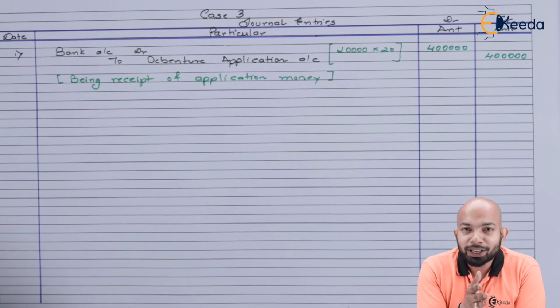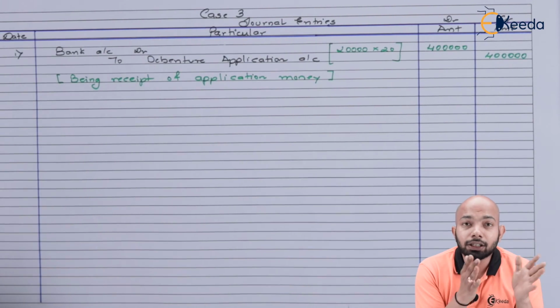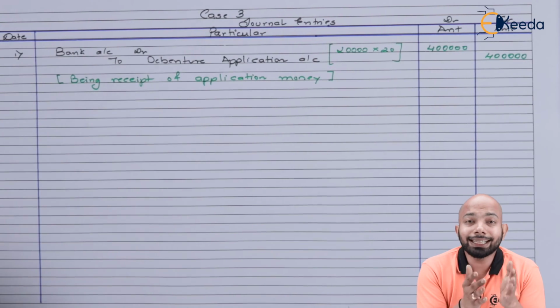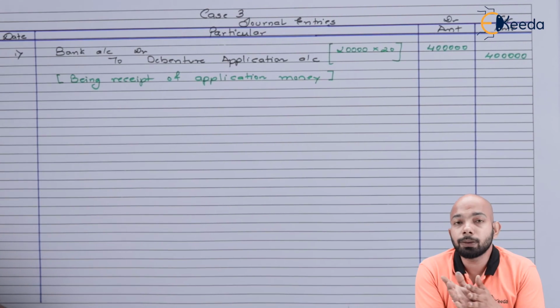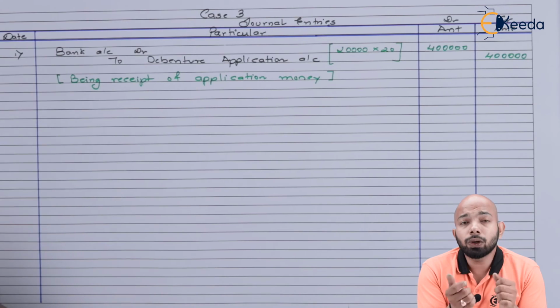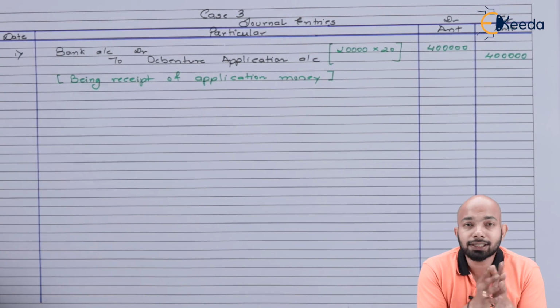Now, the question also mentioned that whatever subscription we have received, we have divided into 3 categories. The first being 2,000 being refunded back, or rejected debentures. Next category being 10,000 full allotment, and the balance left was given as per pro rata allotment. So whatever refunded or rejected debentures are there, we'll pass the refund entry there itself. Let's start with that.